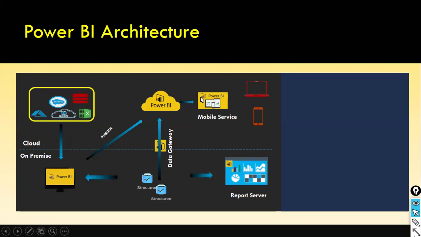Next component is the Power BI cloud service. You created, let's say, 25 reports. You need to share them with your management or people across the organization. Let's say you are working for a retail chain that has retail stores spread across many locations in the USA or in India. In that case, you want people across the globe to view them.